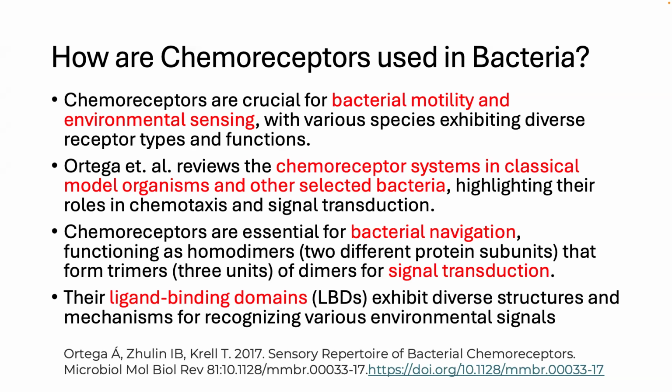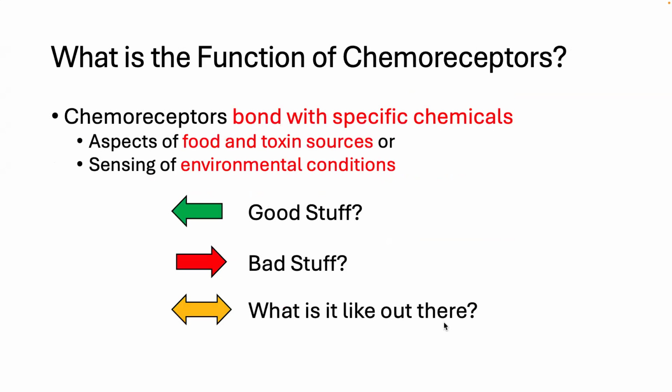And these are beneficial and essential for bacterial navigation. And their ligand bonding domains, the LBDs, exhibit diverse structures and mechanisms for recognizing various environmental signals. And I try to have a little bit of an introduction for that in the beginning, and we'll get into that more as we move along.